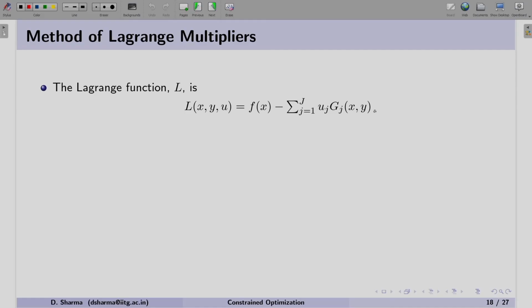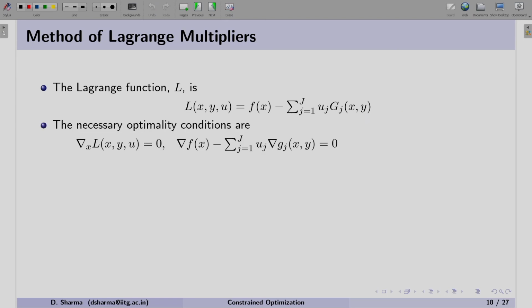Now, from this equation, we can see that a constrained problem is converted into an unconstrained problem. The necessary optimality conditions are: we find the gradient of the function L with respect to x and make it equal to 0. That gives the first set of equations as mentioned here, which is the gradient of the function minus the summation over all the constraints of uj times the gradient of Gj of x, y.